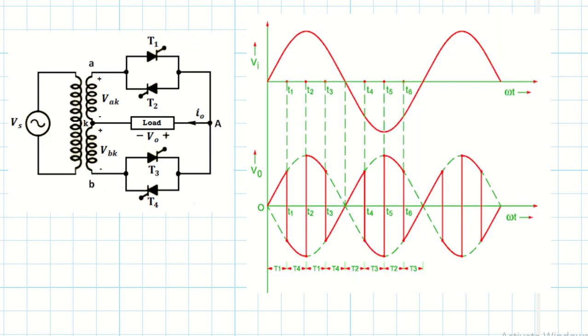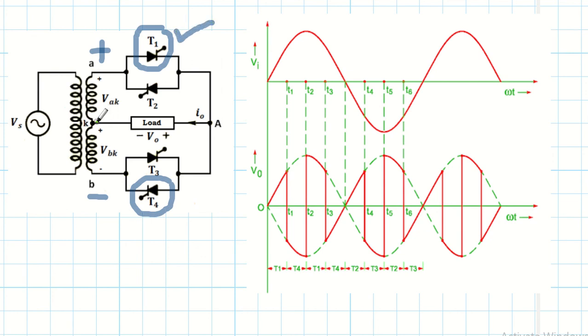Let's see the operation of a step-up cycloconverter. During the positive half cycle, we have positive at the A point and negative at the B point. In this case, during the positive cycle, T1 is forward biased and T4 is forward biased. So first we will turn on the thyristor T1.